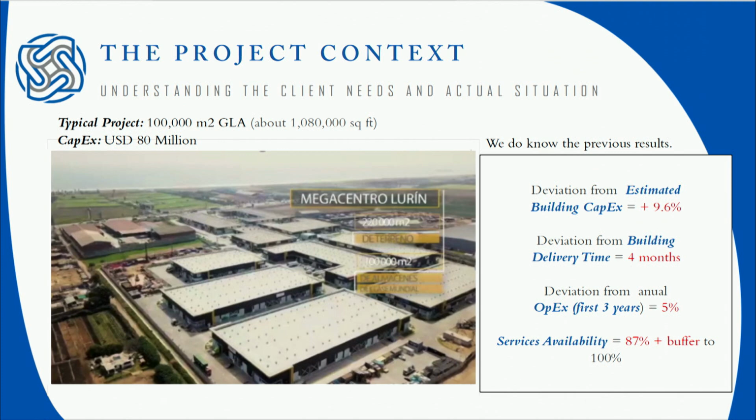The total deviation from the opex was about 5%, and the service availability was 87%, plus a buffer to achieve 100%, because we always need to have 100%. But the buffer to complete that delta from the 87% was really, really high.